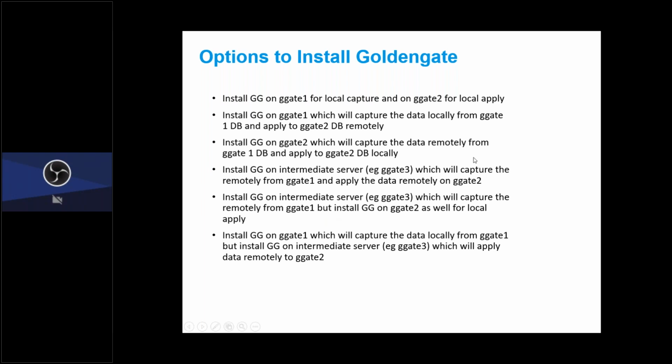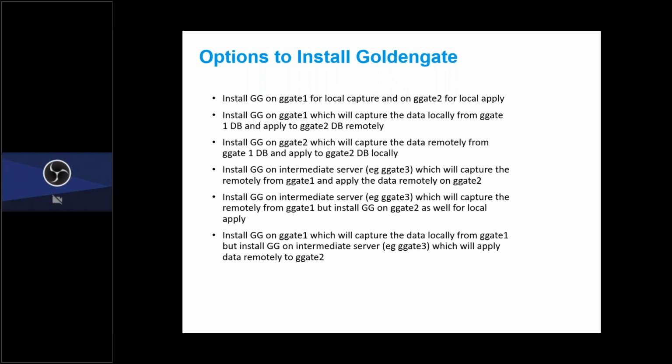In the fourth option, we are trying to do remote capture as well as remote apply. So we are not going to install Goldengate on G-Gate1 or G-Gate2. Instead, we are asking for an intermediate server, which is G-Gate3. Now that is going to capture the data remotely from G-Gate1 and apply the data to G-Gate2 remotely.